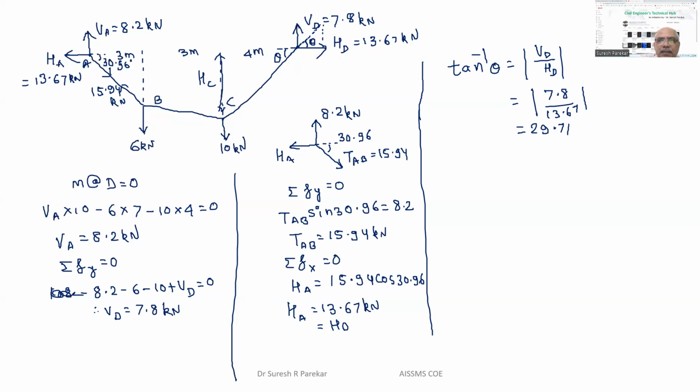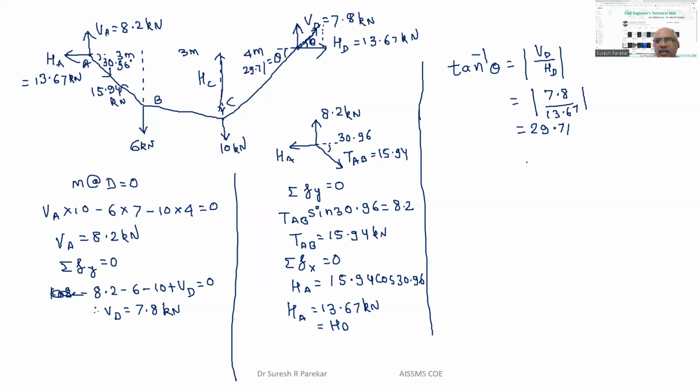So always keep in mind your reaction at D is always along the cable. If you see the first video, today we have solved one problem, and there we have this reaction along this. Therefore this angle we can have in this fashion. And now we know theta is 29.71.